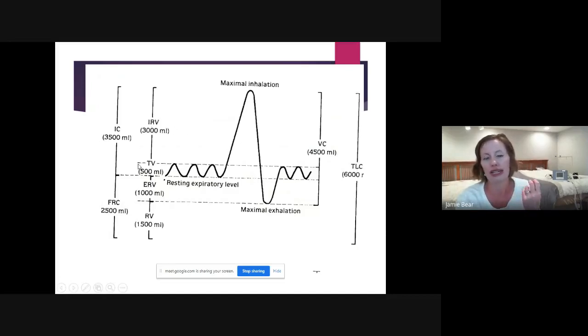Your IRV, tidal volume, and ERV equal your vital capacity. And then, as we said before, IRV and tidal volume make your inspiratory capacity, and ERV and RV are your functional residual capacity. So if you're given different volumes, you're adding those up to get a larger capacity. It's 2 or more volumes that make up a lung capacity.